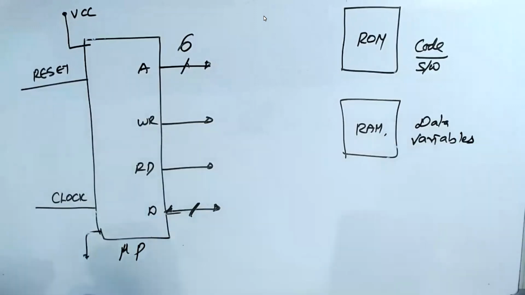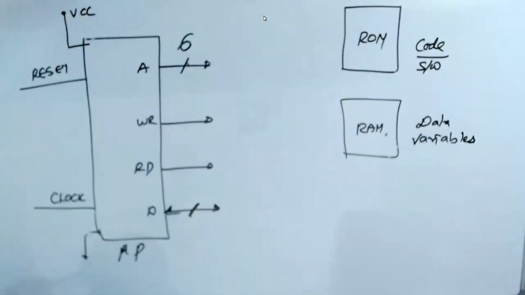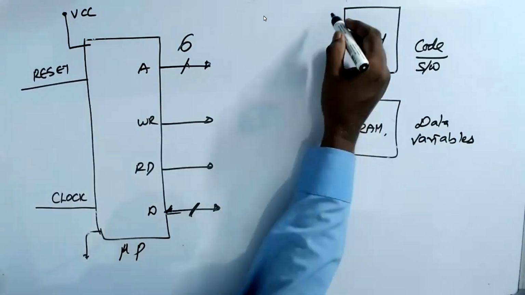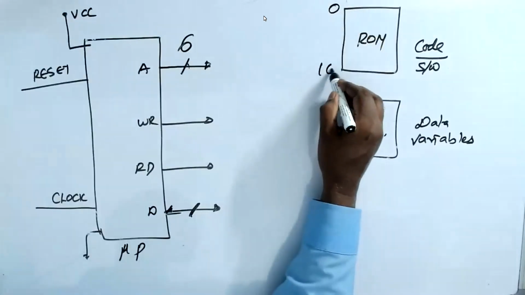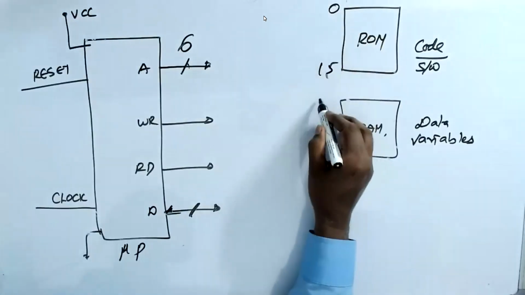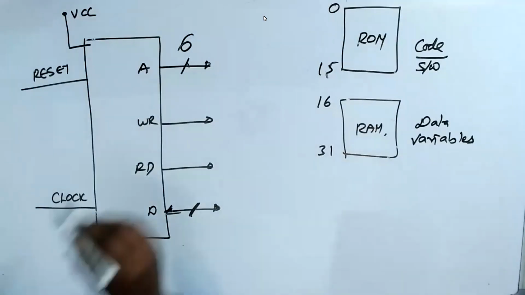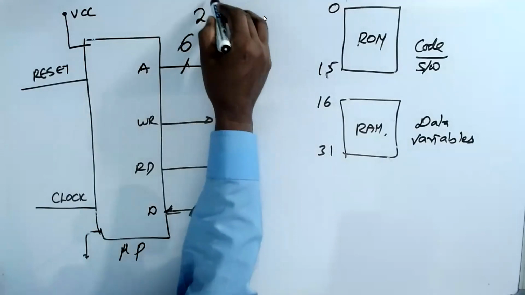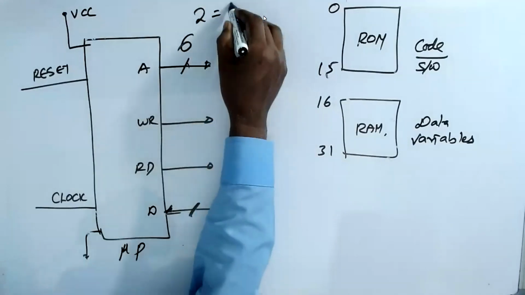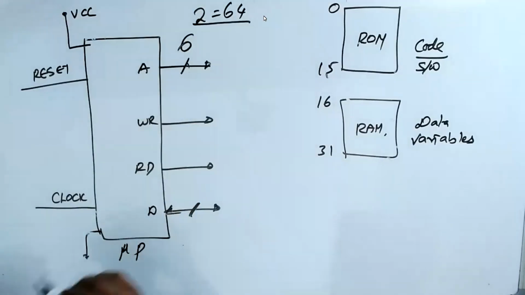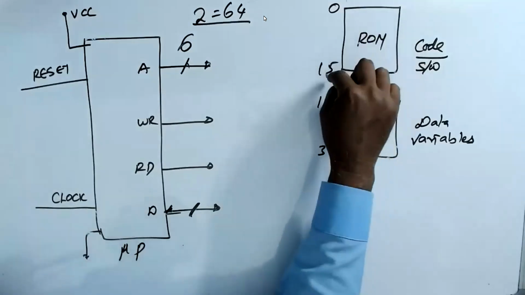My variables are stored here. So let us assume I have 0 to 15, sorry, 16 to 31. 2 power 6 is how much? 64. Out of 64, ROM is having 0 to 15.